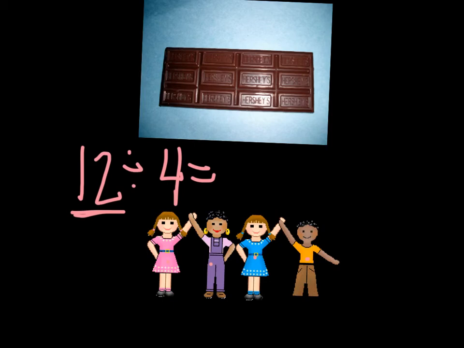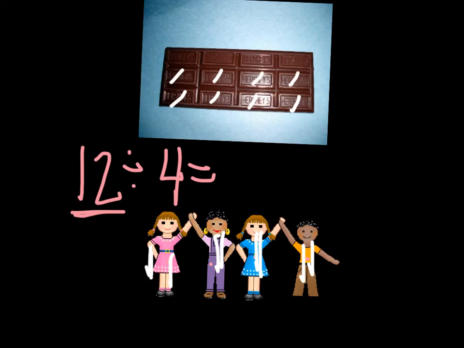I'm going to separate it out into groups. I could give 1 piece to this person and cross it off, 1 to this person, 1, and 1. Now I can do it again. 1, 2, 3, 4.